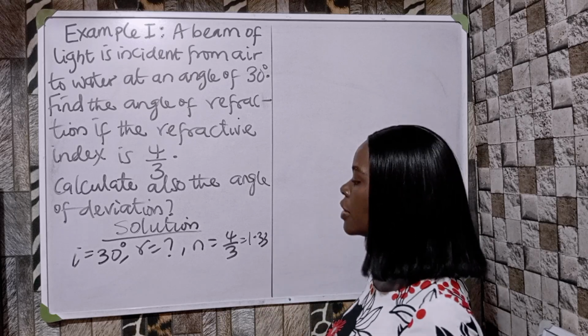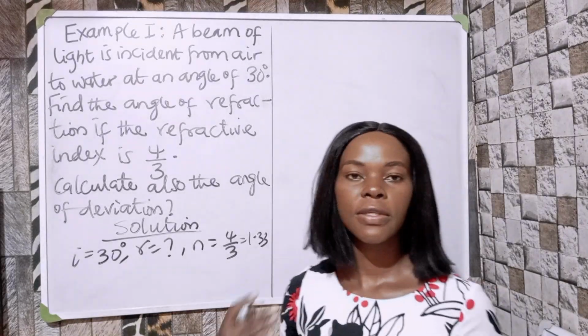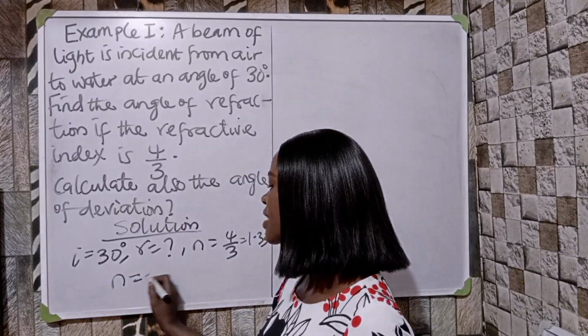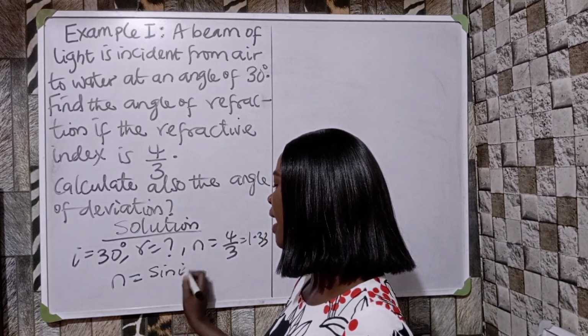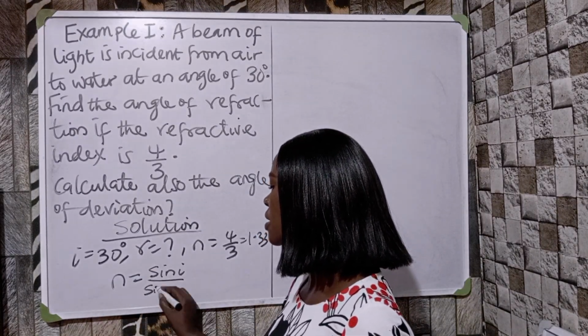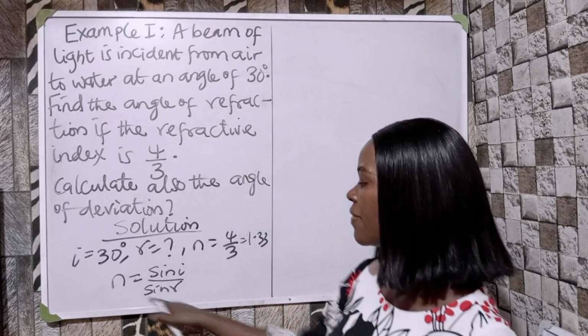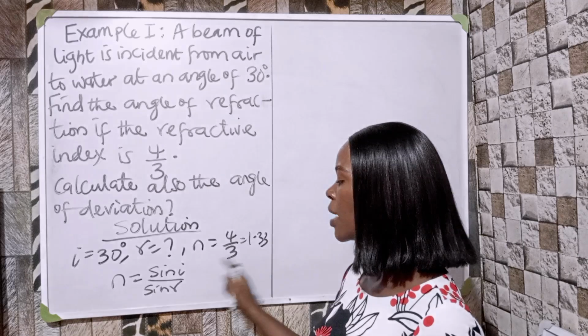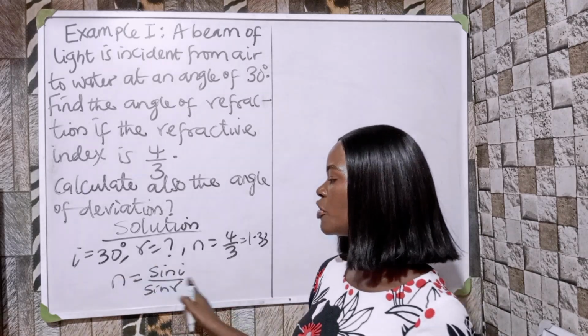1.33. Okay, so we are going to use the Snell's law formula, which states that N is equal to sine I over sine R. Now we are given the refractive index N as 1.33, and we have I, which is 30.